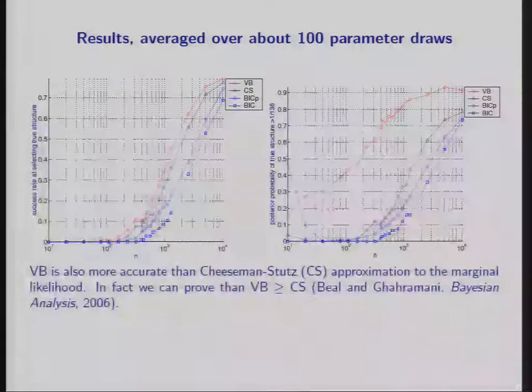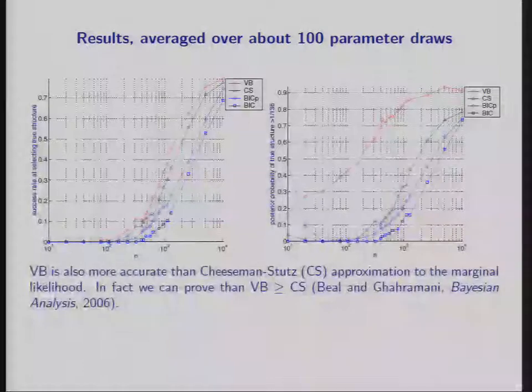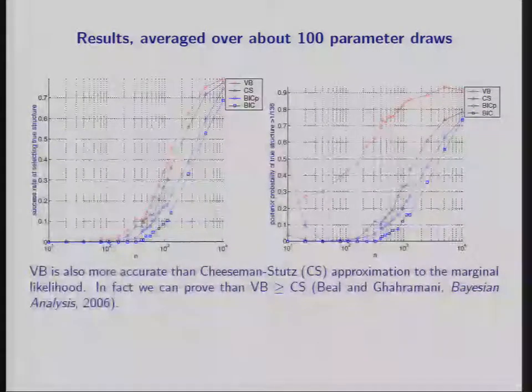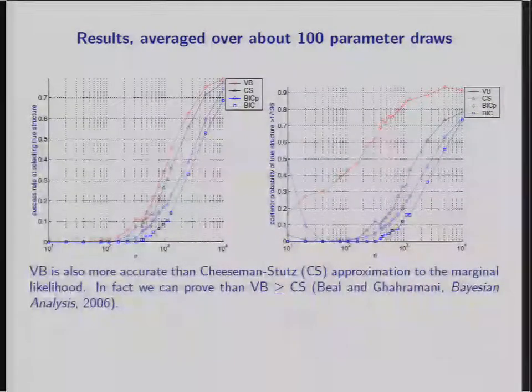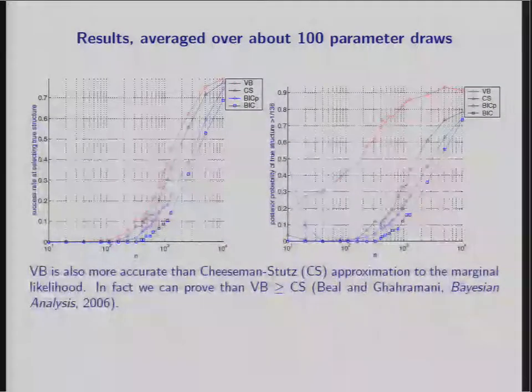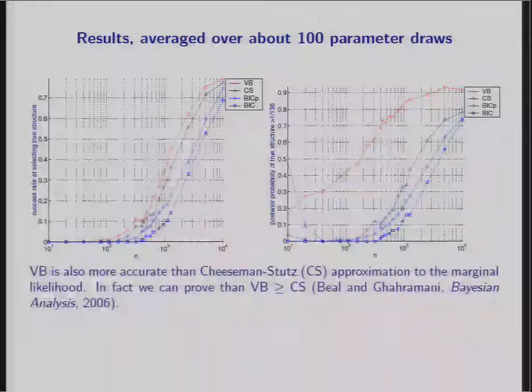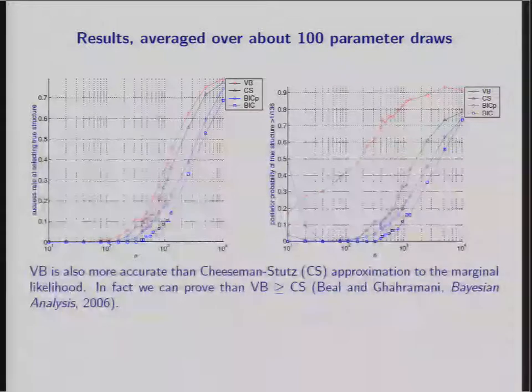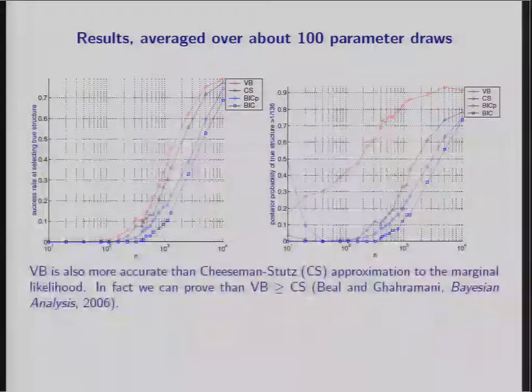And I really like looking at results of this kind because it gives you some very interesting information. So on this axis, what we have is a success rate at selecting the true structure, or here the posterior probability that the true structure is greater than the baseline, which is 1/136. So 2 different ways of looking at this.